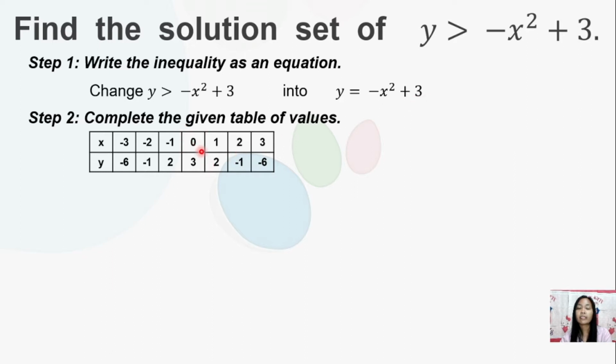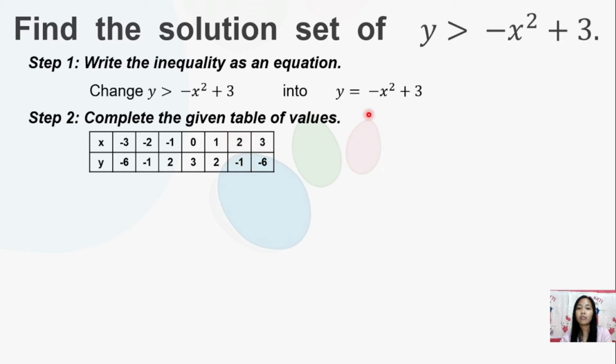If x is 0, we replace the x with 0, so y is equal to negative 0 squared, that is 0, plus 3, so we have 3. If x is 1, y is equal to negative 1 squared plus 3, so y is equal to positive 2.